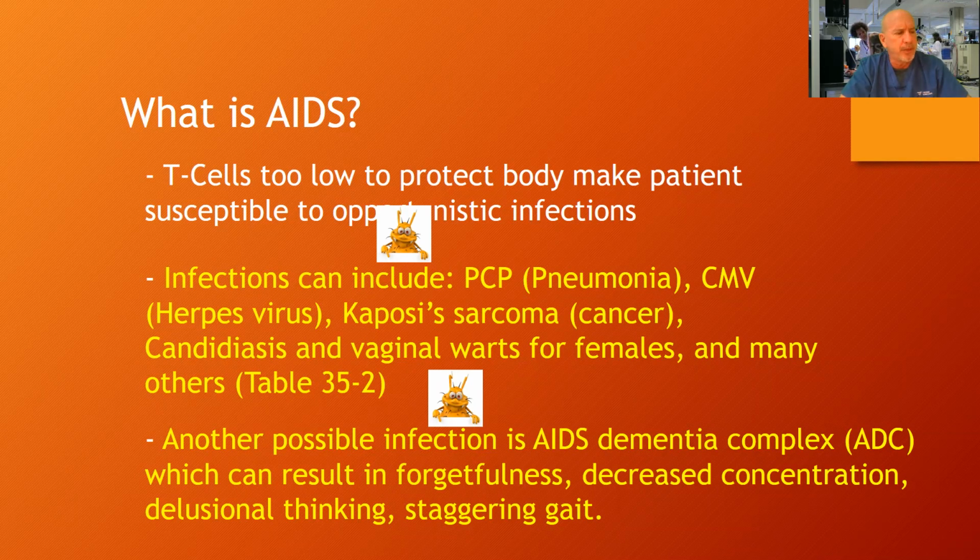We had a situation in the 90s where people with severe AIDS were always being picked up by the police thinking that they were drunk or they were drug addicts or whatever, when it really wasn't either of those. It was the ADC causing delusional thinking and staggering gait, which were the dominant characteristics. So somebody in the later stages of AIDS, you may see some of these characteristics. Just bear in mind it's due to the dementia complex.